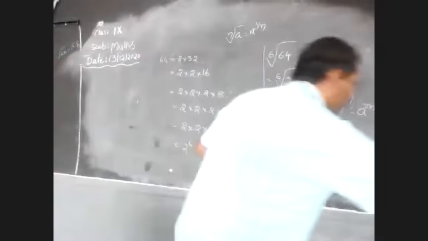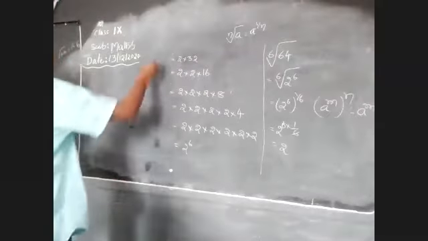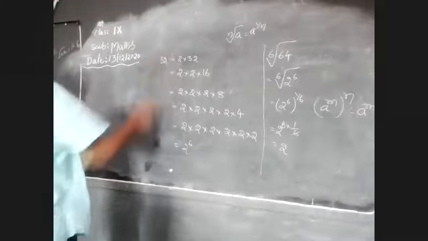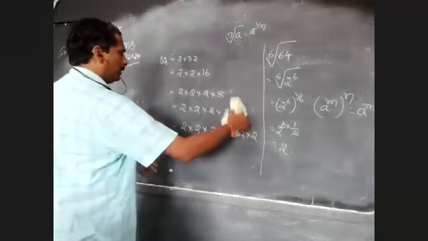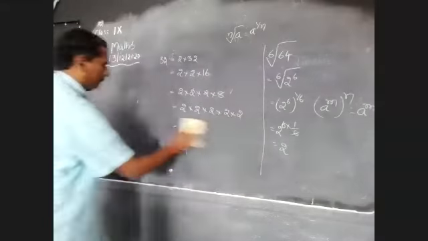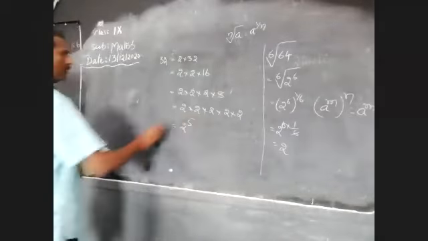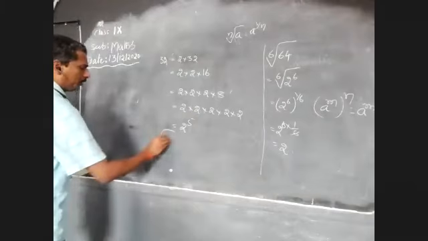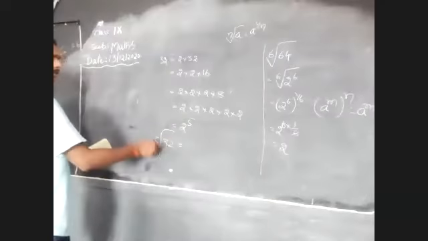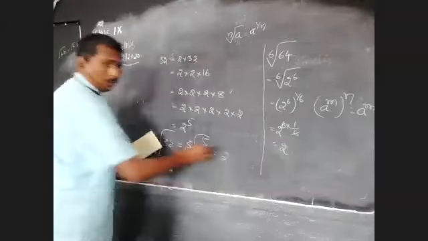Similarly, if 32 is given, it is 2 to the power of 5. So the fifth root of 32 is the fifth root of 2 to the power of 5, and the value is 2.